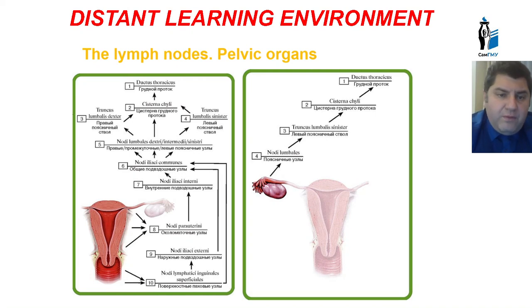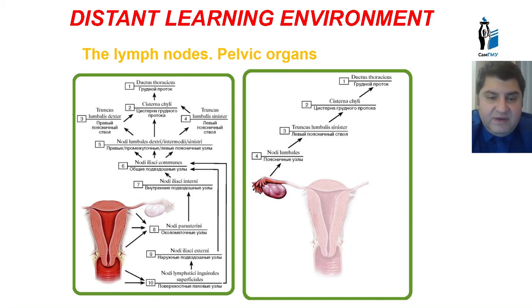But from the womb, or uterus, you may see the lymph pathway at the left picture. You may see that from the uterus it passes to para-uterine nodes, and next it passes to iliac interne, iliac communis nodes, lumbar nodes, and next it passes to lumbar trunks right and left, and next to the thoracic duct.